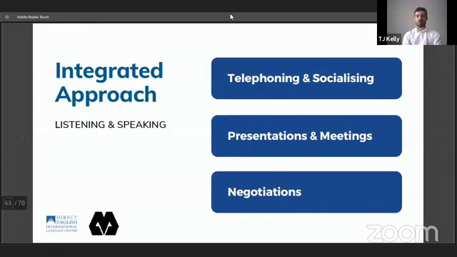Okay, all of the units in the course use an integrated approach when we're examining language. We use listening and speaking, especially in these telephoning and socializing modules. Presentations and meetings and negotiations also use a lot of speaking and listening skills in order to get your message across.